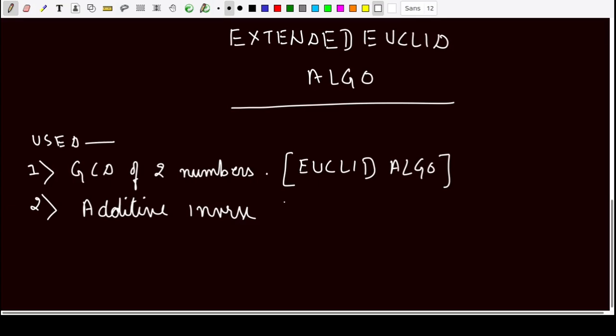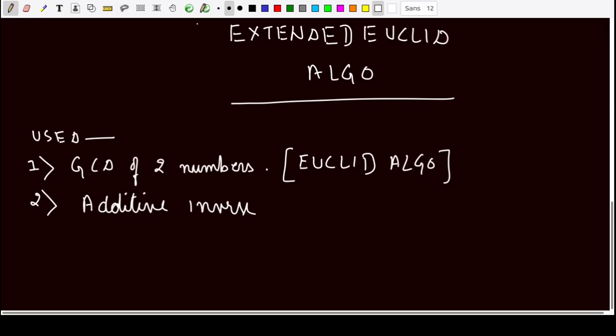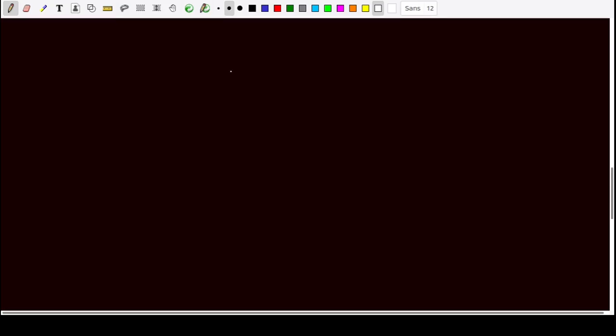Let us see what we mean by additive inverse. I'll talk about this in terms of GCDs only. Additive inverse is a much broader concept and it could be applied elsewhere as well.